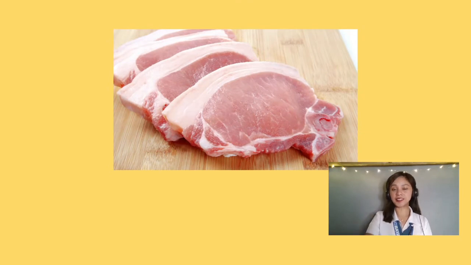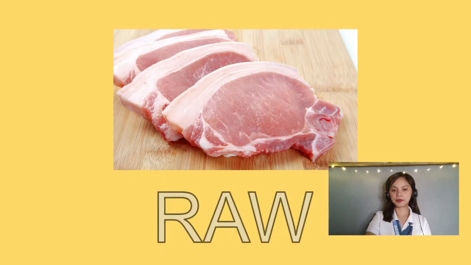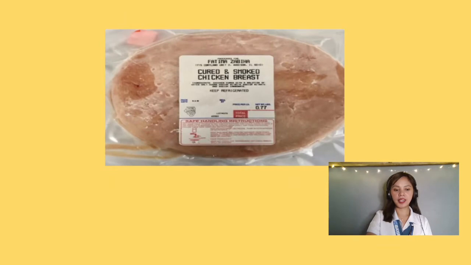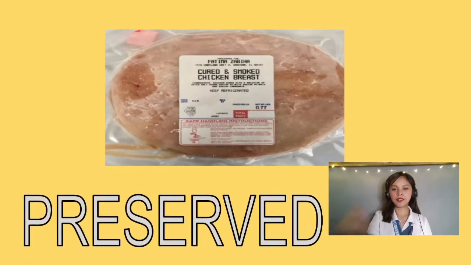What are these? She said they are raw. Very good again, because these are raw pork meat. The last picture. Okay, Michaela. She said these are preserved. Let us check. Very good. These are preserved. These are cured smoked chicken breast.